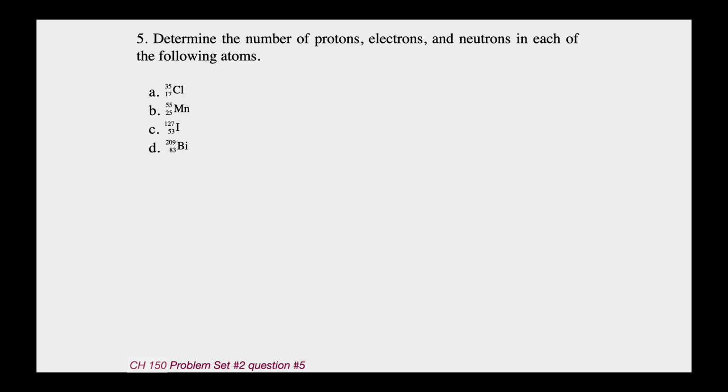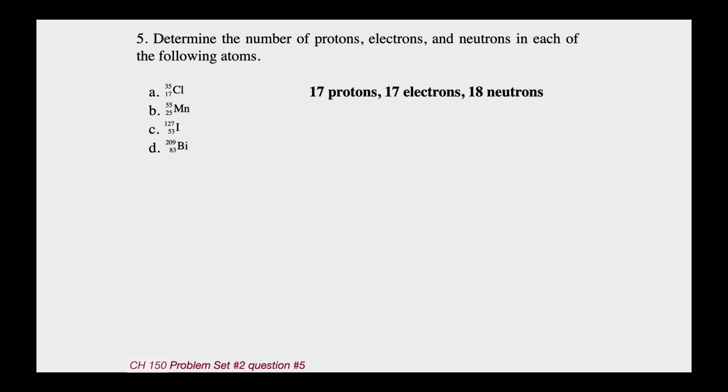So if there's 17 protons, there would be 17 electrons. And then finally, 35 minus 17 tells you the number of neutrons, and I believe that's 18. Yes, good. So assuming this is a neutral atom, 17 protons, 17 electrons, 18 neutrons.